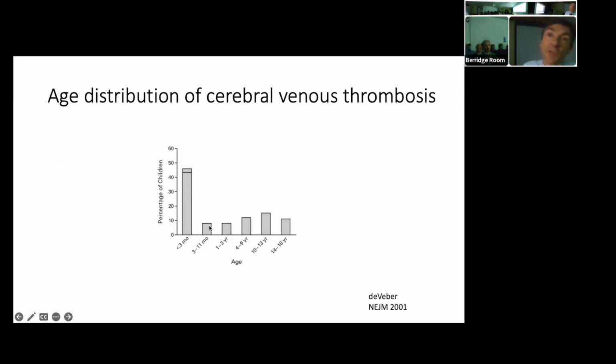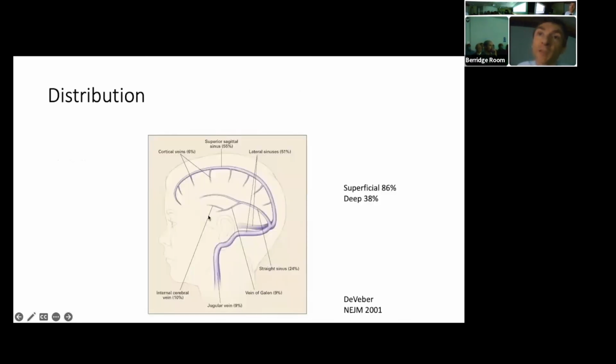This is just showing the age distribution, so you probably can't read this, but you can see in their registry that the majority of children seem to be much commoner in infants compared to older children, which was interesting to me, but I was quite surprised about that. And we've looked a bit about the distribution.